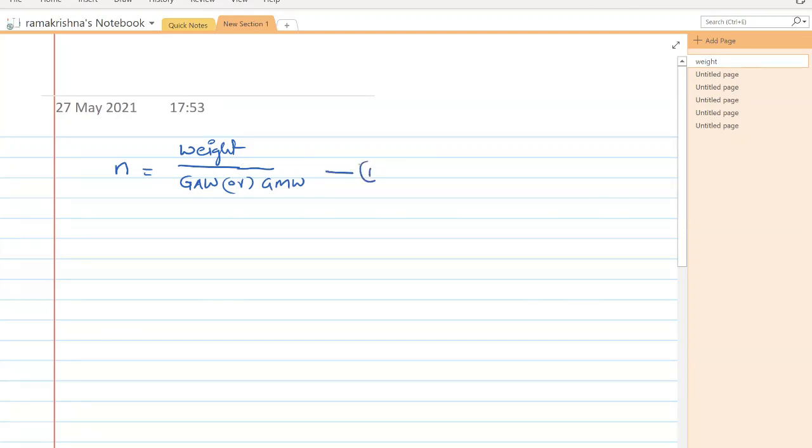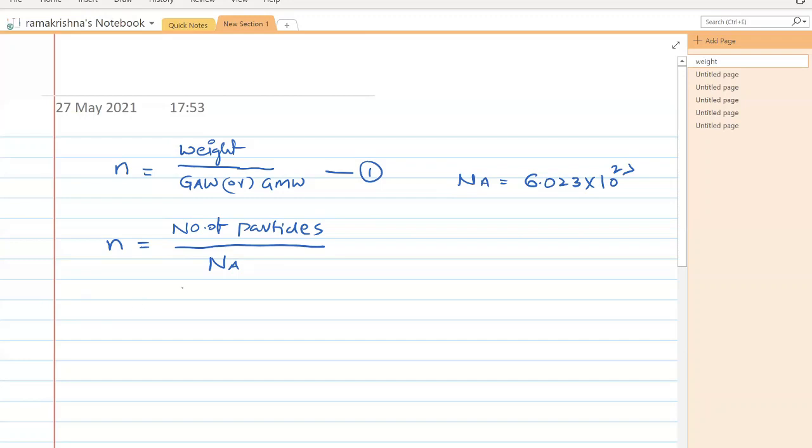This is the first formula. The second formula: when the number of particles is given, meaning the number of molecules or atoms, divide it by the Avogadro number, which is equal to 6.023 into 10 to the power of 23. This is our second formula.